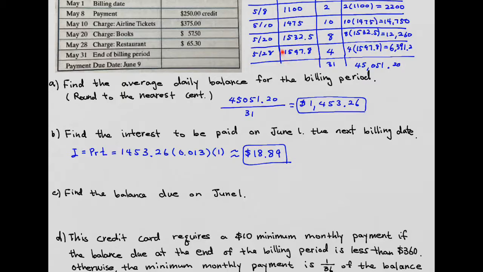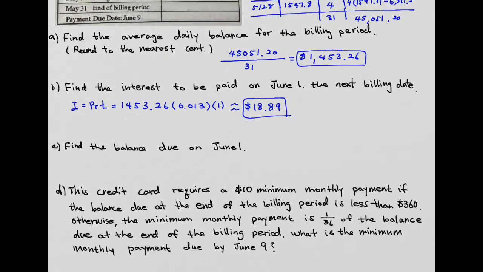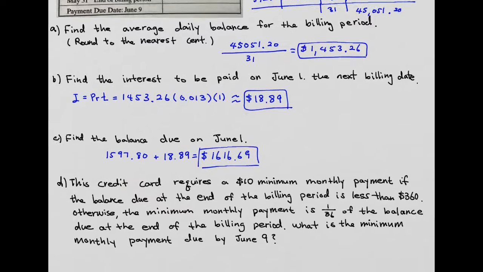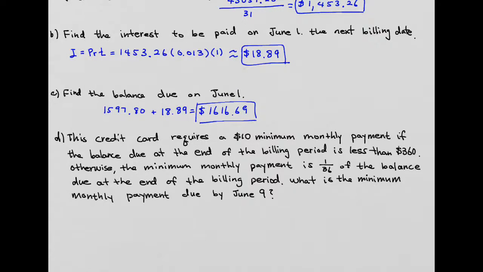That's how much you owe, plus your interest. So you get 1,597.80 plus your interest, which is going to be $16.69. So $1,616.69 is what is due on June 1st.